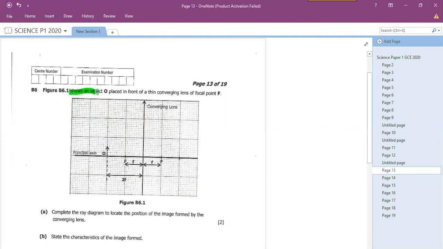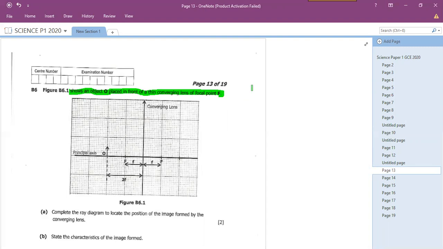So here is an object that is placed on a thin converging lens. Because it's a converging lens, we expect the ray diagrams to intersect at some point. If they don't intersect, we have to make them intersect backwards, meaning the image that will be formed will be a virtual image. But once they intersect, it means it's a real image that has been formed.